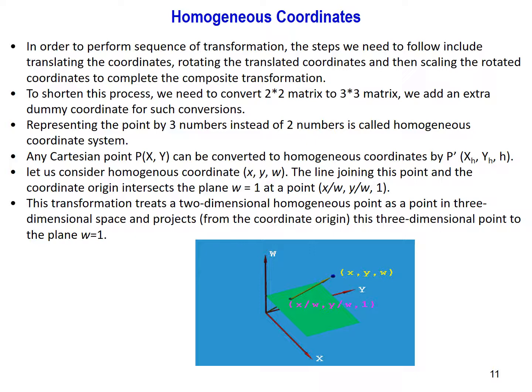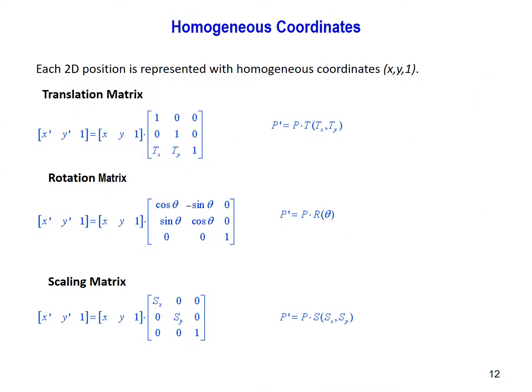The line joining this point and the coordinate origin intersects the plane w equal to 1 at a point x by w, y by w, 1. This transformation treats a two-dimensional homogeneous point as a point in three-dimensional space and projects this three-dimensional point to the plane w equal to 1. Each 2D position is represented with homogeneous coordinates x, y, 1.